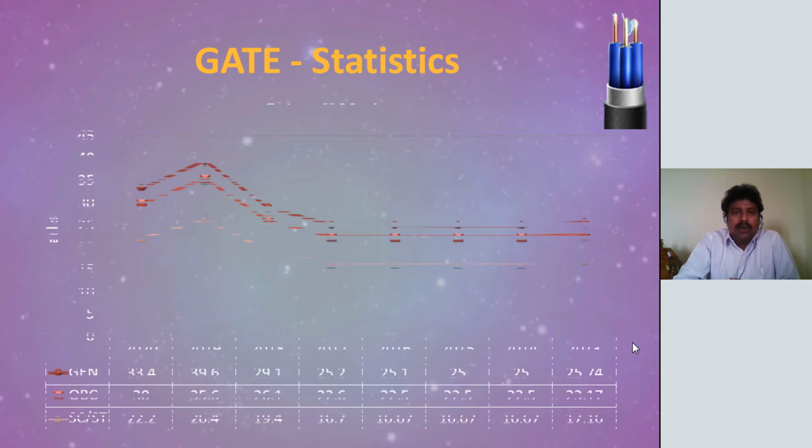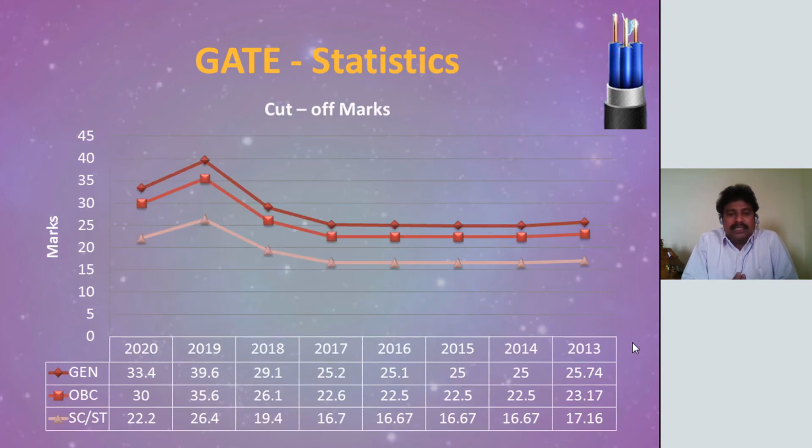Now we see a statistical analysis of GATE examination cutoff marks, from the year 2013 to 2020. If you observe, from 2013 to 2017, the GATE cutoff marks are around 25.